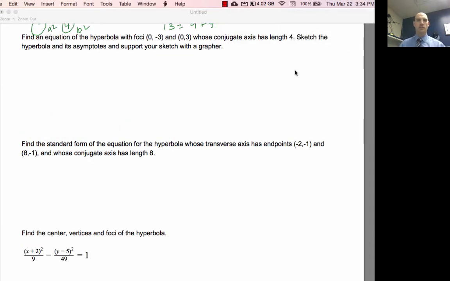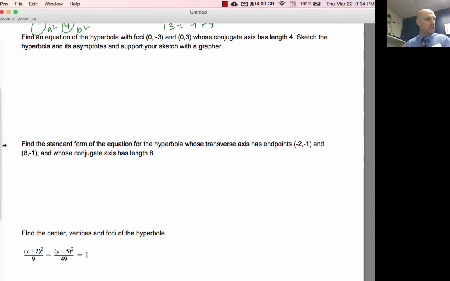All right, so on the next one, we're going to take these pieces of information and find an equation of the hyperbola with the foci of 0, -3, and 0, 3, whose conjugate axis has a length of 4. And their suggestion is that we sketch it first. That's going to help us identify what values we have and what values we need.